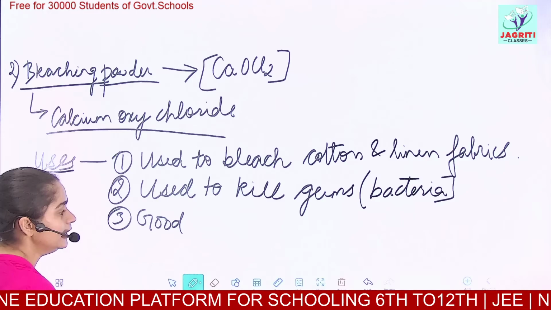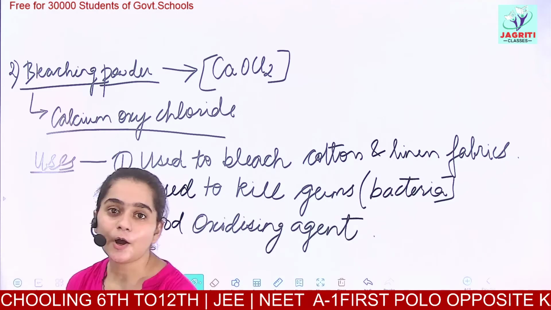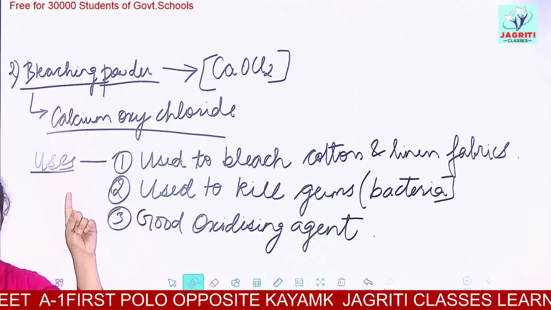So these are the uses of bleaching powder. Bleaching powder is called CaOCl2, that is calcium oxychloride. It is used as an oxidizing agent. It is used to bleach our fabrics made up of cotton and linen, and it is used to kill germs or bacteria.